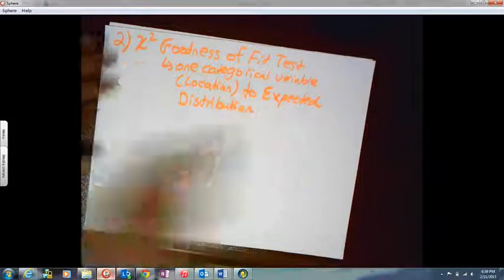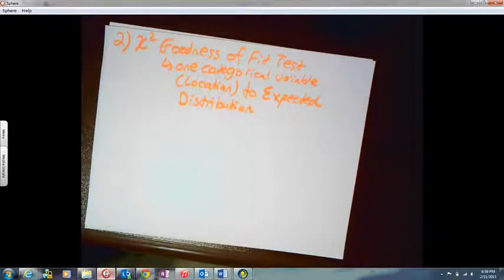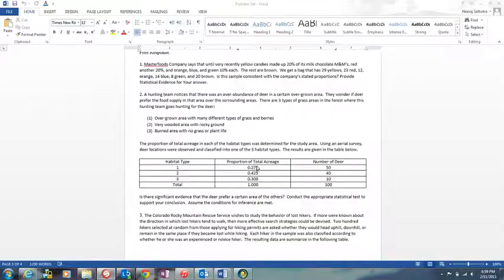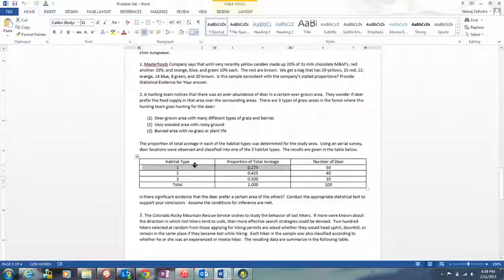Now, if the deer did not prefer one area over the other, we would expect that however much acreage there is, like 28% of the acreage in habitat 1, we would expect 28% of the deer to be there, 43% in habitat 2, and 30% in habitat 3. Unfortunately, we may or may not have that, and that's what we're going to check.